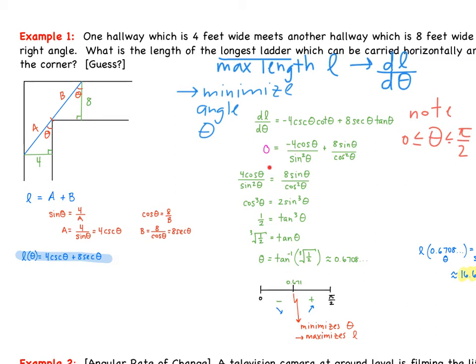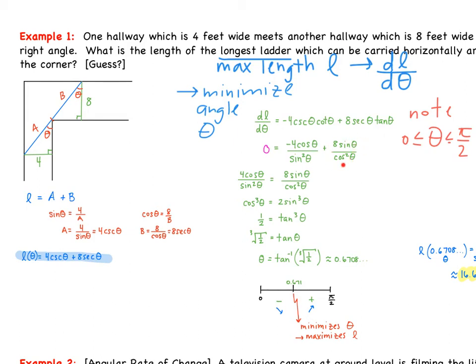Okay, so now we're going to go through and solve for our critical numbers. I rewrote cosecant as 1 over sine, and cotangent is cosine over sine, so that's how we rewrote this. Secant is 1 over cosine, and tangent is sine over cosine, so that's how we were able to rewrite this aspect.